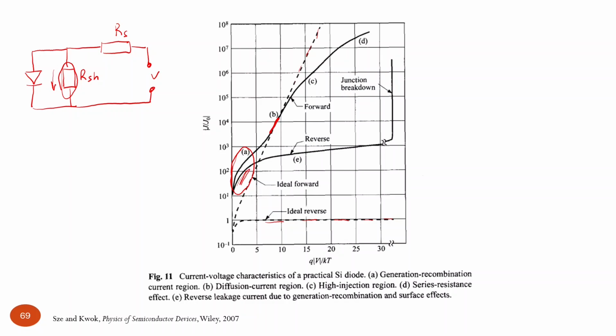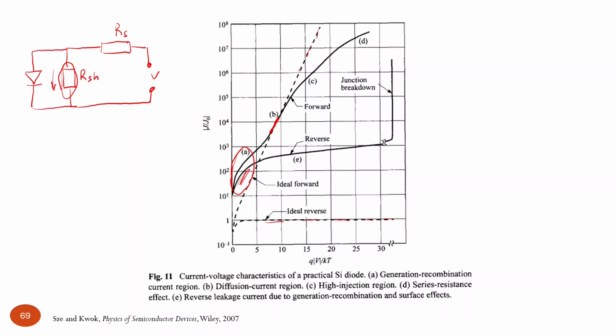That's not always true. If we have some deep energy level, we may have recombination in this depletion region, and that causes some additional current transport mechanism for charge carriers at forward bias, and this exponential dependence will already be modified.